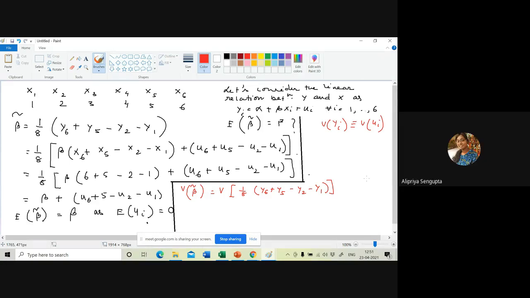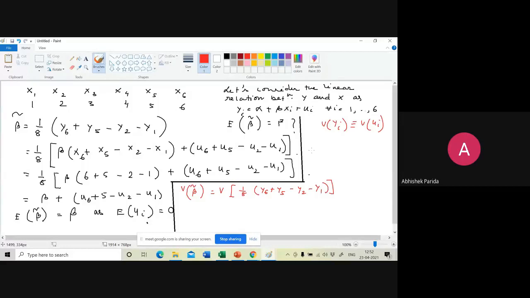Ma'am, then variance of beta tilde equals variance of beta comes? Variance of beta tilde is equal to variance of beta. Everything will be presented in terms of sigma square. Yes, ma'am. Ma'am, 1/16 sigma square. Answer: 1/16 sigma square. Right answer.